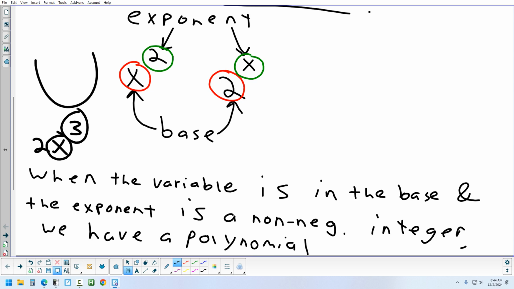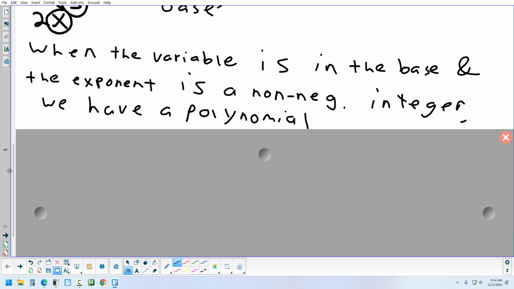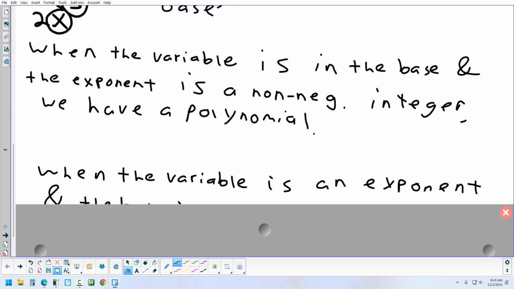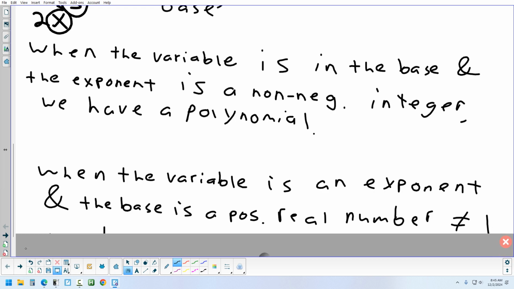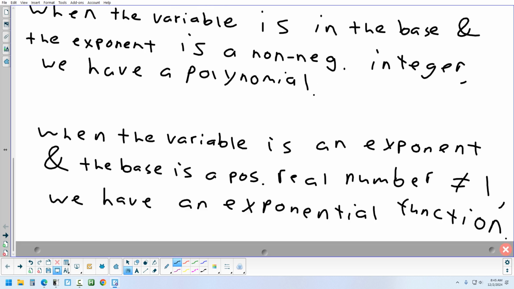That's the big difference, yeah. So when the variable is the exponent and it's not in the base, and the base is the number, that makes something exponential. So this is what we're going to look at today. When the variable is the exponent and the base is the number.